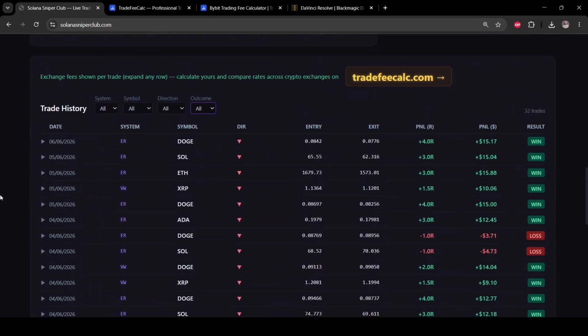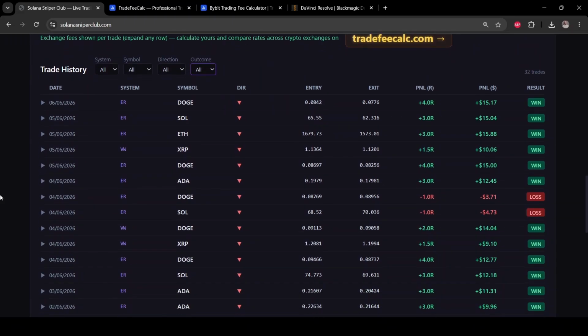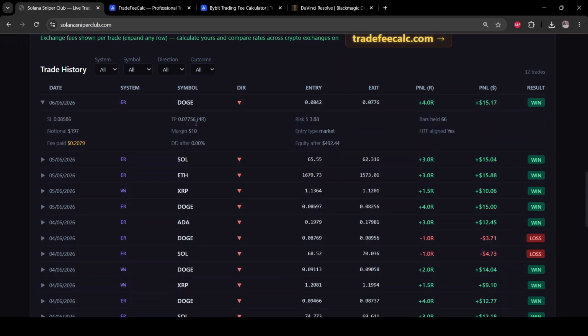Now let's go to the bottom of the dashboard and see the trade history. Let's check some trades, for example the last trade of Doge. If we expand here, we have some useful information. We have the money risked on the trade, the number of bars of 15 minute candles that the trade holds before the end, and the entry type.